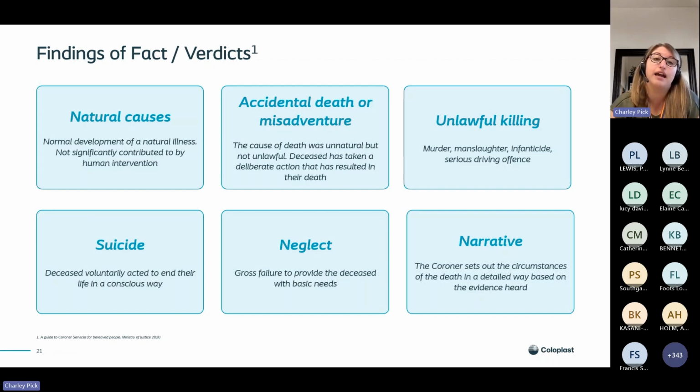And then you have a narrative conclusion, and this is where the coroner sets out the circumstances of the death in a detailed way based on the evidence heard. A narrative conclusion is likely because it doesn't fit into any of these other categories perfectly, if you like. So the coroner sets out the circumstances in a narrative conclusion.